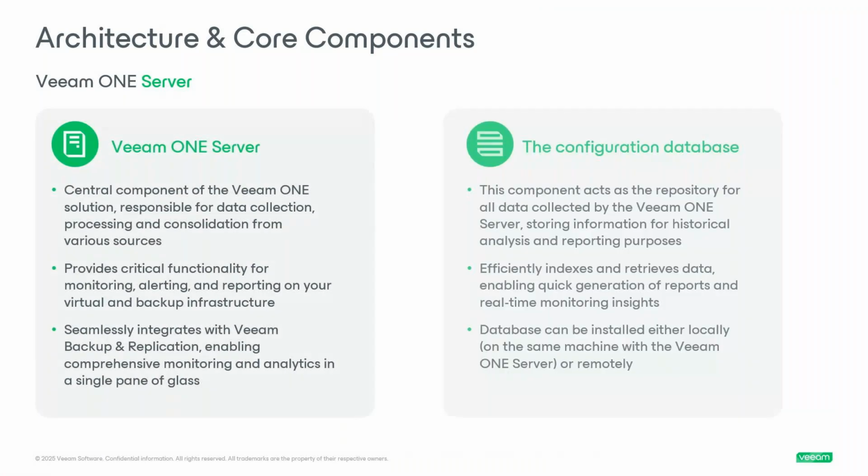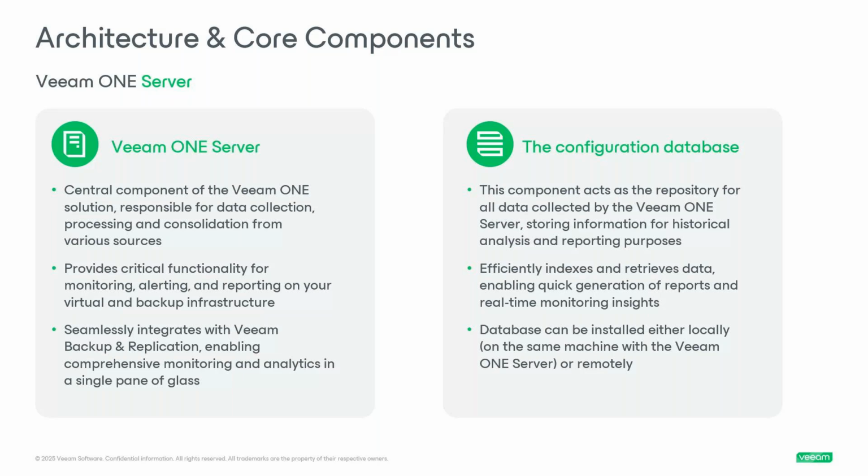All right, so the Veeam ONE server comes in two big components. The first is the Veeam ONE server itself, the central component that collects and processes data from several resources.